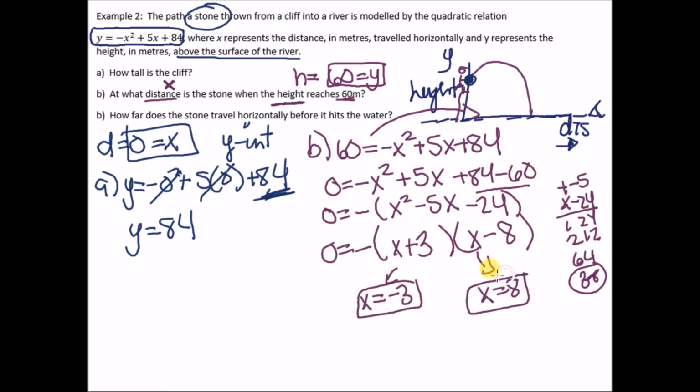Here's the problem: the stone's not going backward, it's going forward, so the horizontal distance is not going to be negative. It's going to be 8. So at what distance is the stone when the height reaches 60 meters? For B, the answer is 8 meters.